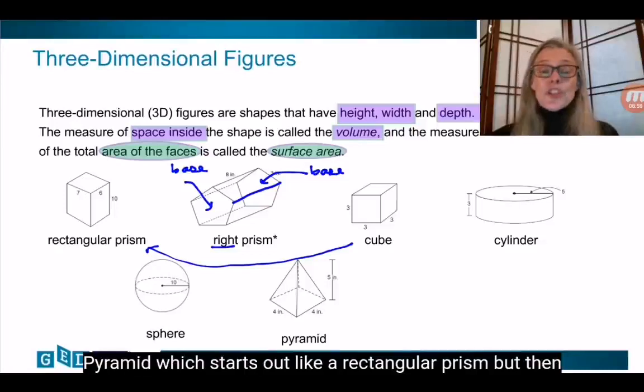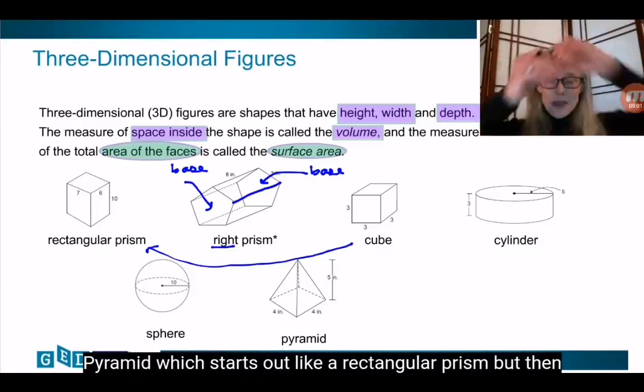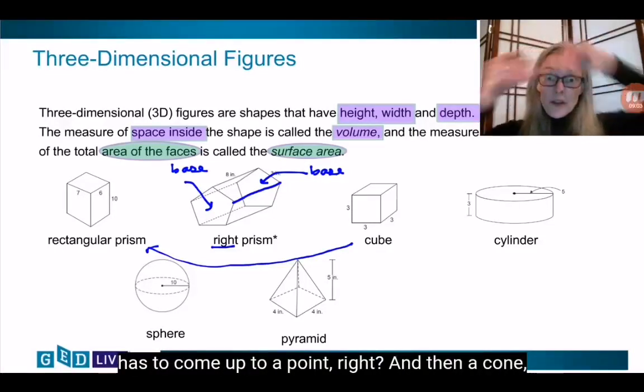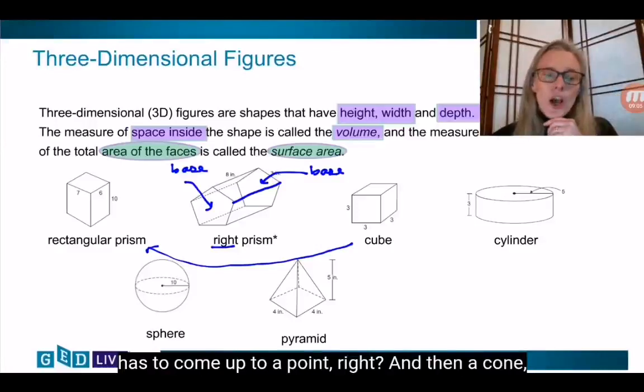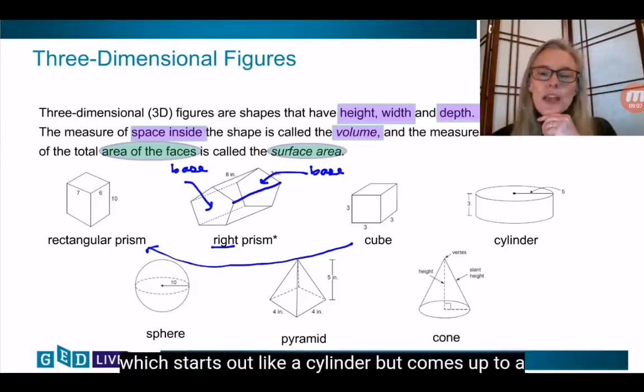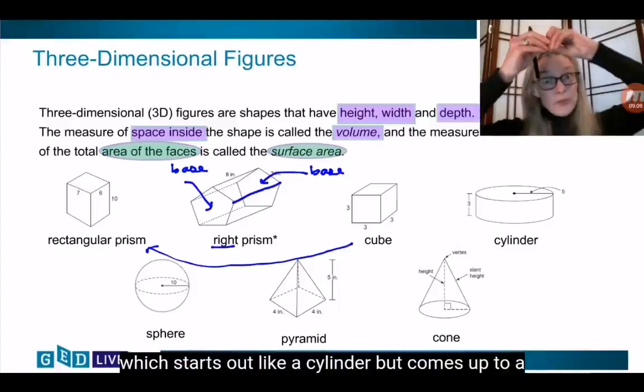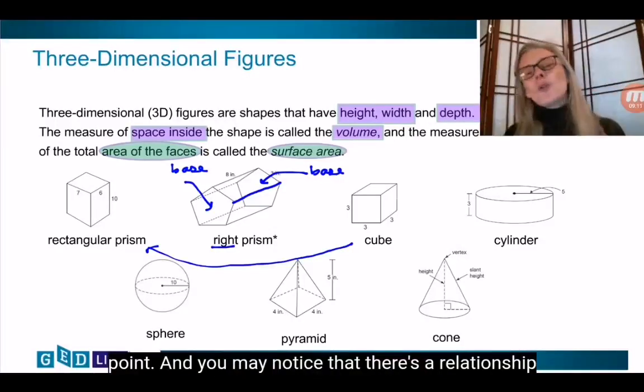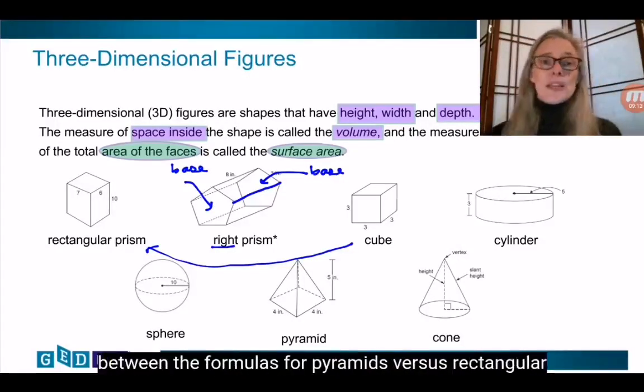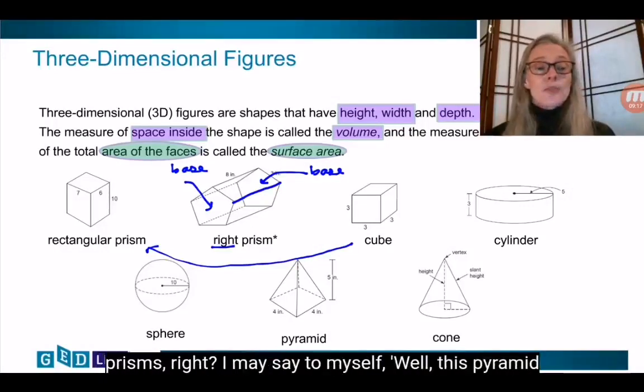Pyramid, which starts out like a rectangular prism, but then it has to come up to a point. And then a cone, which starts out like a cylinder, but comes up to a point. And you may notice that there's a relationship between the formulas for pyramids versus rectangular prisms.